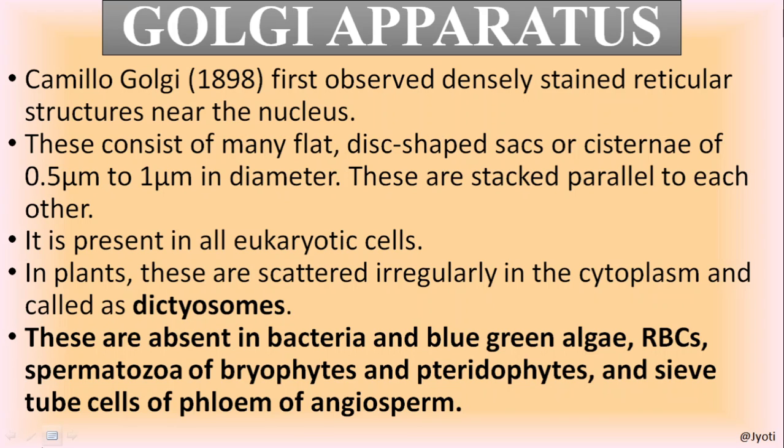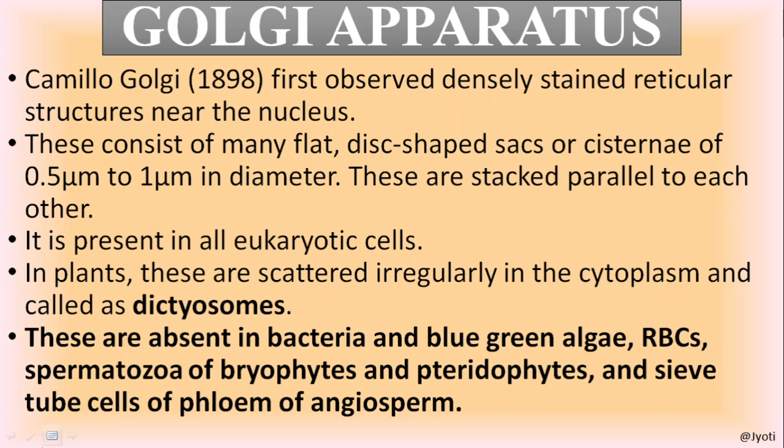Now the next organelle of the endomembrane system is the Golgi apparatus. It was discovered by Camillo Golgi in 1898. It is a reticular structure present near the nucleus, and it consists of many flat disc-shaped sacs called cisternae, which are 0.5 to 1 micrometer in diameter, and these cisternae are stacked parallel to each other, one above the other.